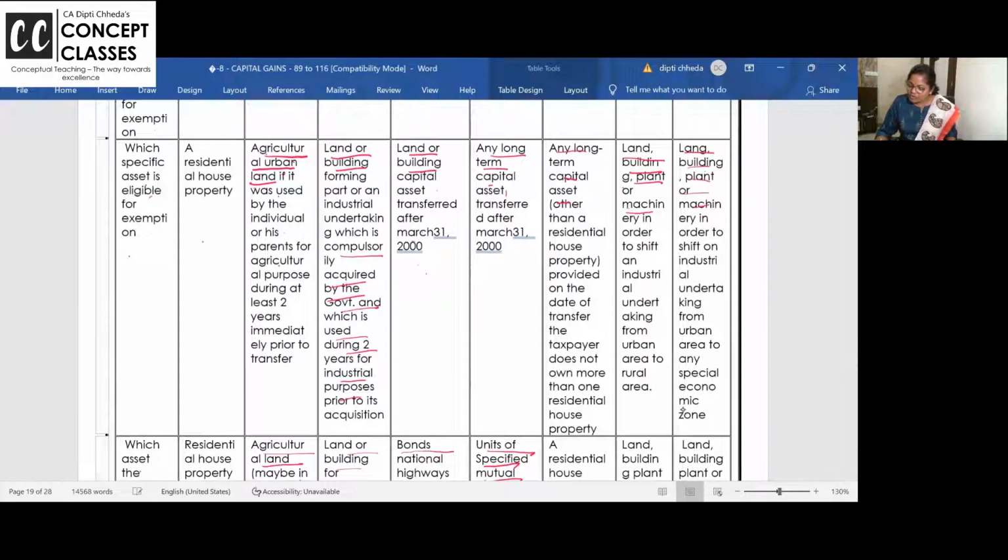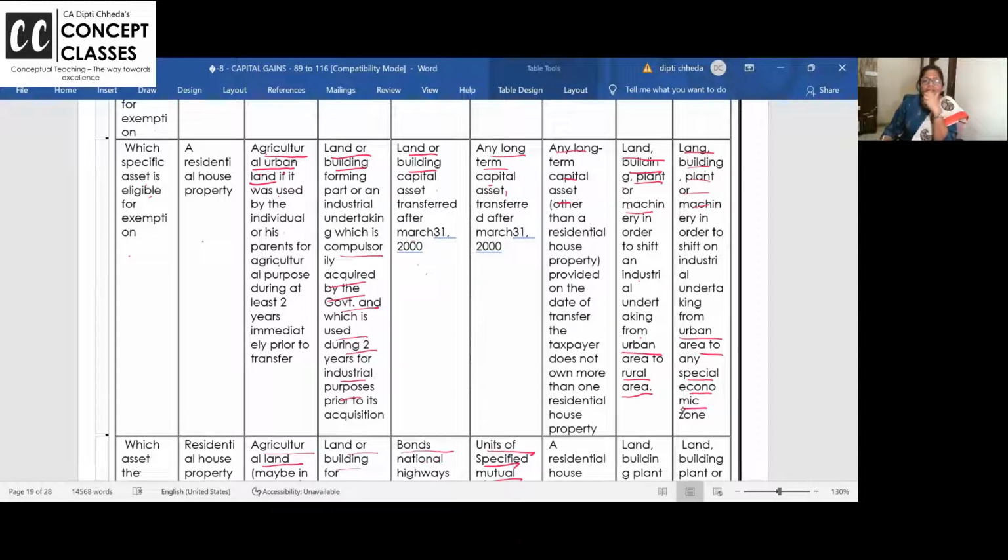In order to shift an industrial undertaking from urban to rural, the way I am underlining, I want all of you to underline. Urban to SEZ. Urban to rural. Urban to SEZ. Shifting of industrial undertaking. 54G.